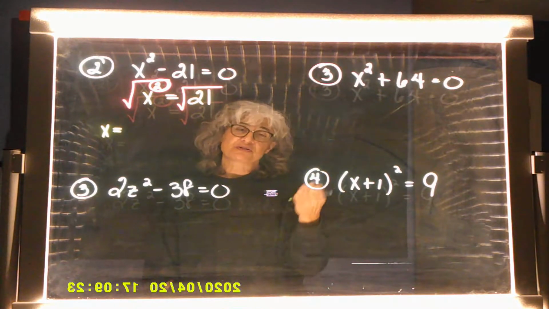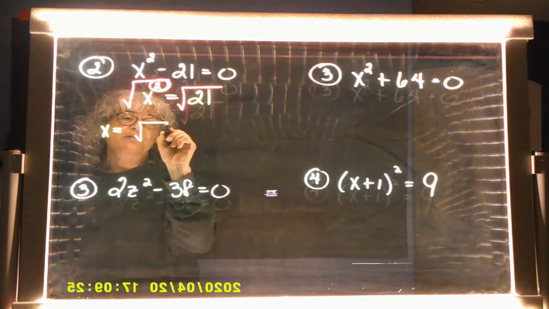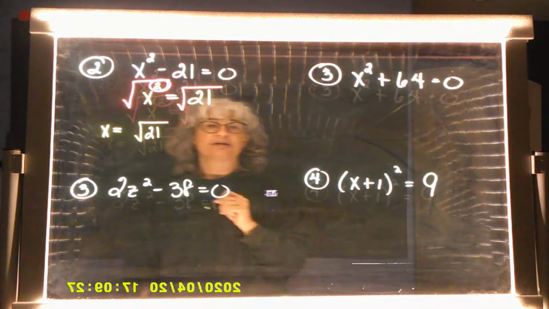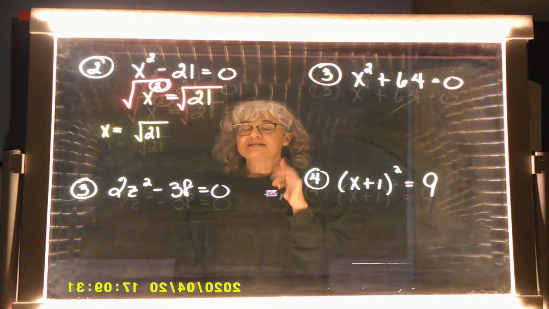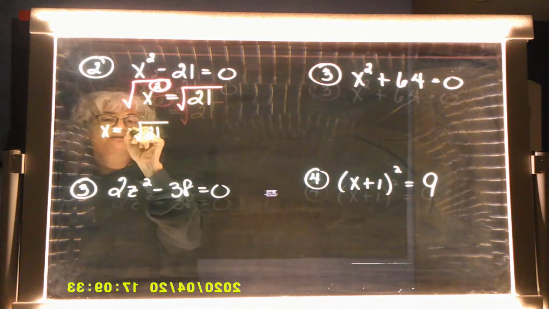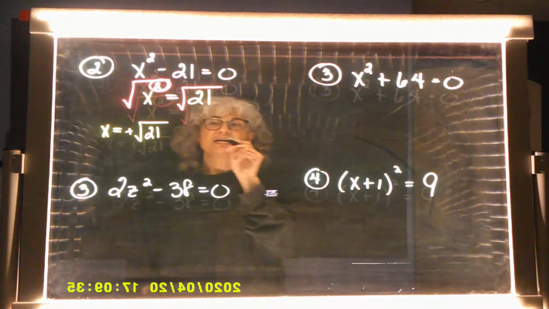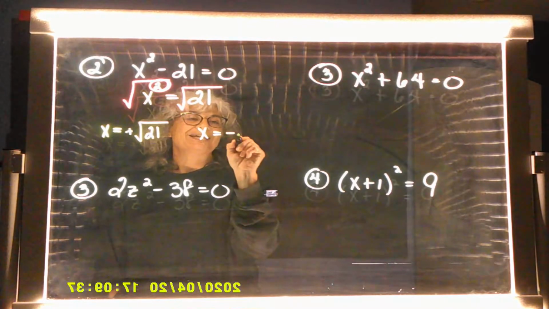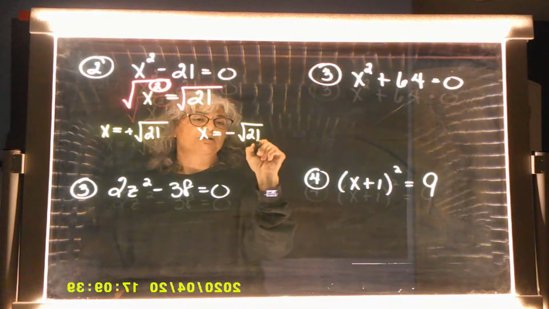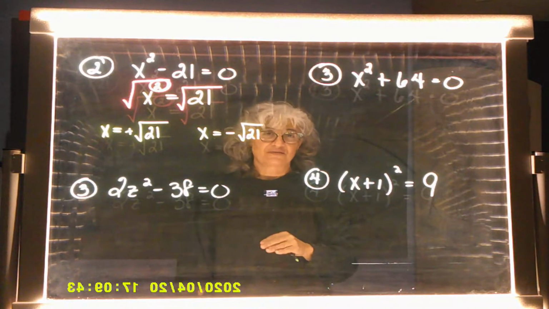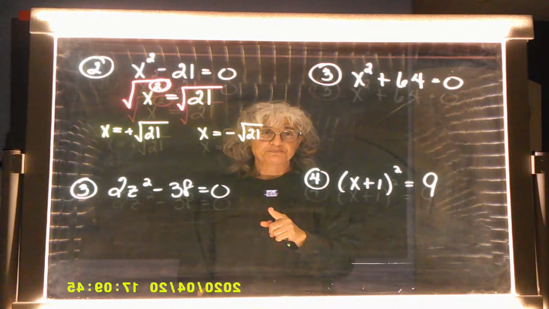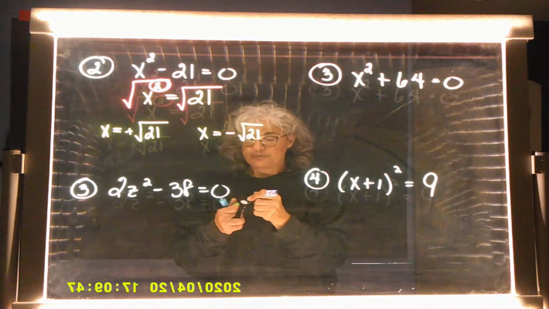Well, it's not a perfect square, so x would be equal to the square root of 21. But remember, just like the last problem we did, it's not equal to just a positive square root of 21. It's also equal to the negative square root of 21. You get 2 answers, a positive answer and a negative answer. Cool?